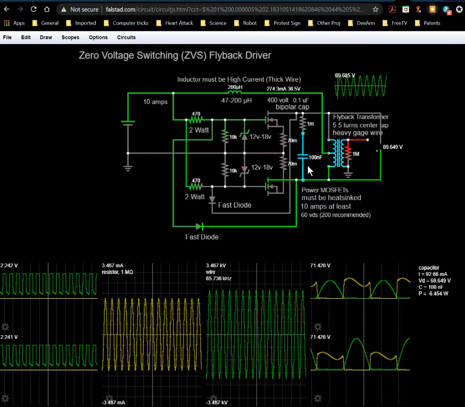Ask yourself this: where does this come from? This is a positive 71 volt wave, and this is a positive 71 volt wave. It annoys me that this is a bug in Falstad that you can't get these two to look the same, even though they should be the same. This should be just as big as this, but for some reason you can't get it to do that.